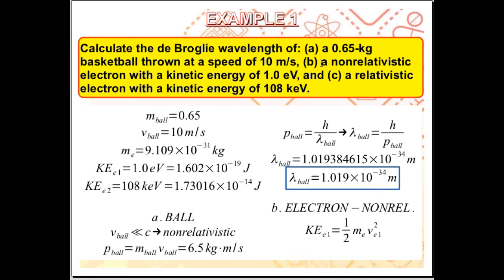Now, for letter B, non-relativistic electron. Non-relativistic, so we go back to classical physics. Kinetic energy in classical physics is given by one half mv squared.